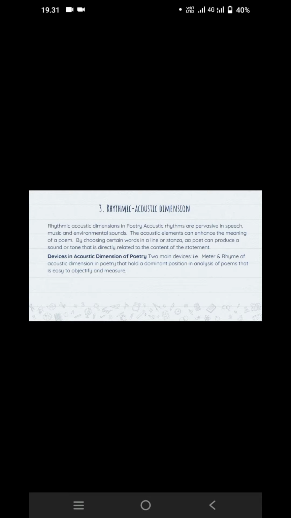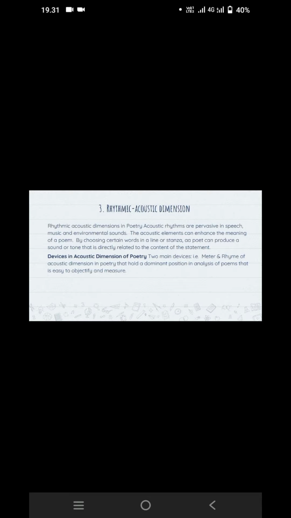Rhythmic acoustic dimension is where acoustic rhythms are pervasive in speech, music, and environmental sounds. The acoustic elements can enhance the meaning of a poem by choosing certain words in a line or stanza.